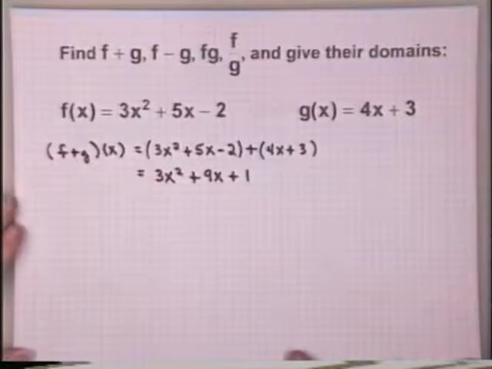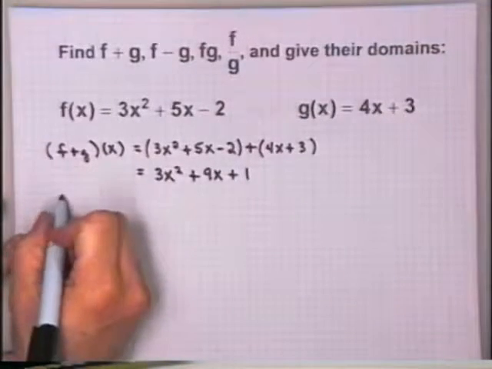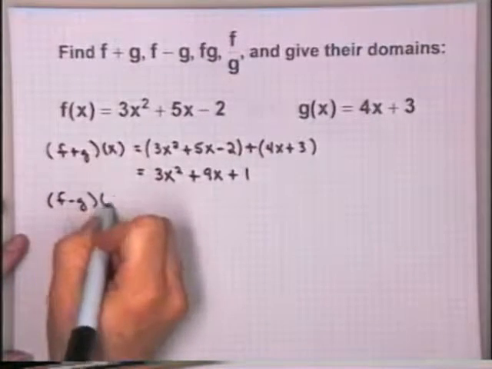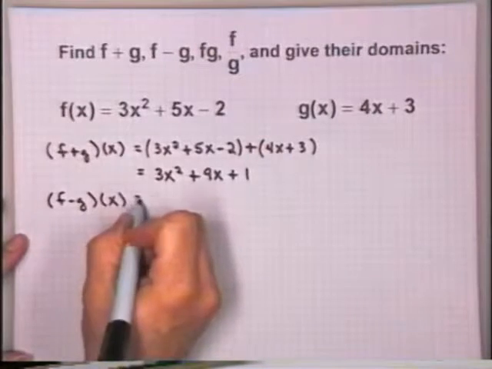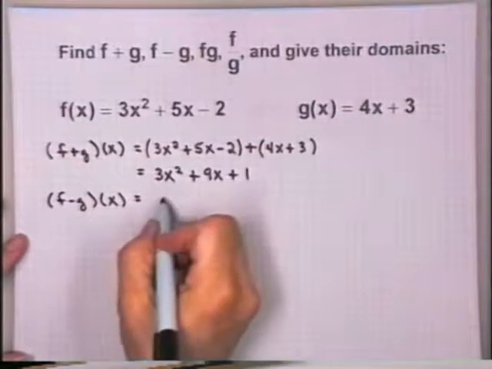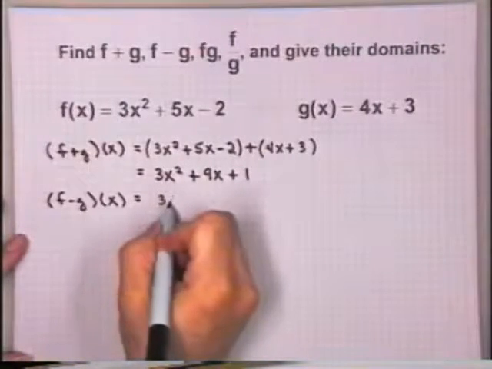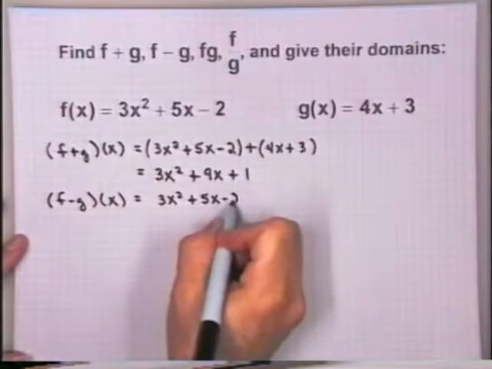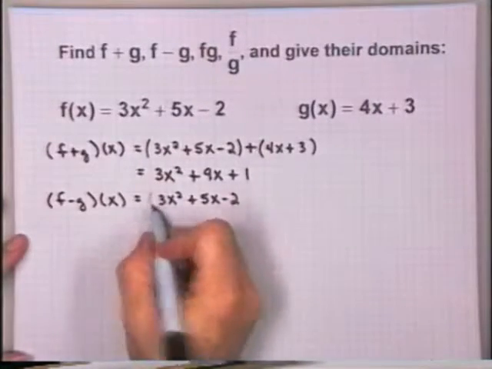So that's all that's involved in terms of doing the addition of the function itself. Okay? Now, let's go ahead and do the difference function. So in parentheses, f minus g. Again, of x, you want to put that notation down because this is a function. We will take function f, again, 3x squared plus 5x minus 2. And again, if you want to put parentheses around that, you may.